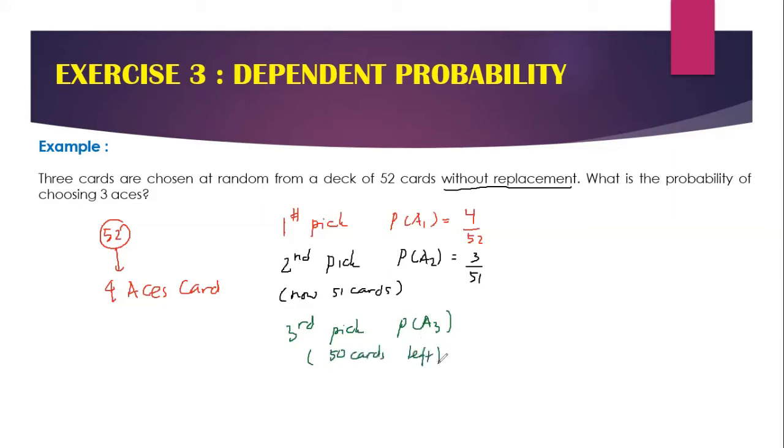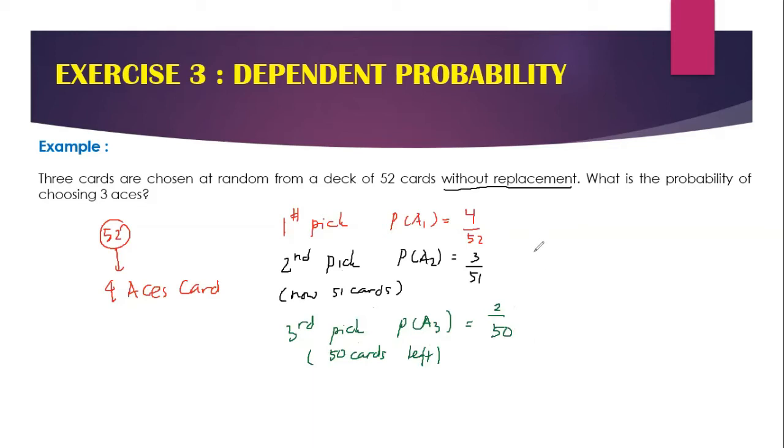Why 50 cards left? Because for the first pick and the second pick, 2 cards were already taken. Now we have 50 cards left, so the probability of the third ace is 2 over 50, right?